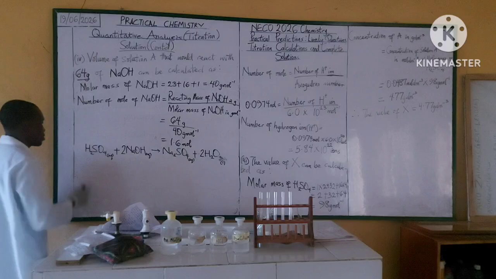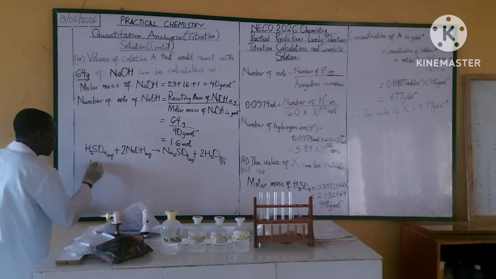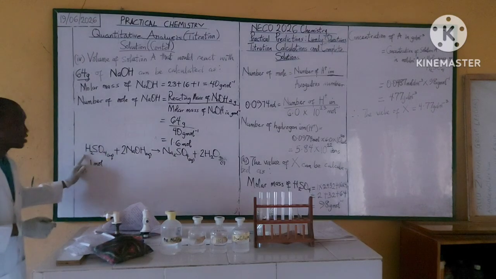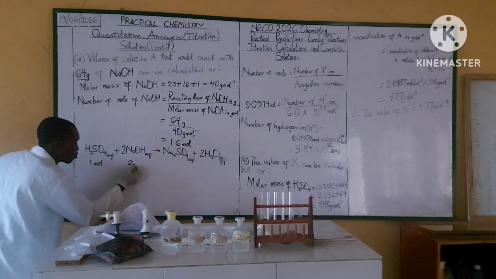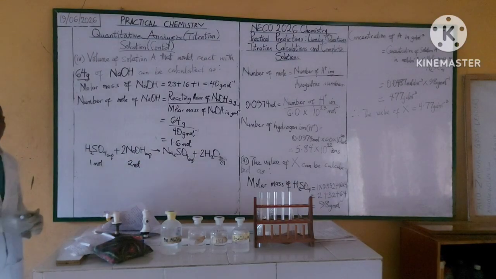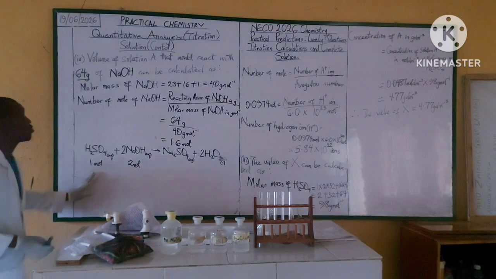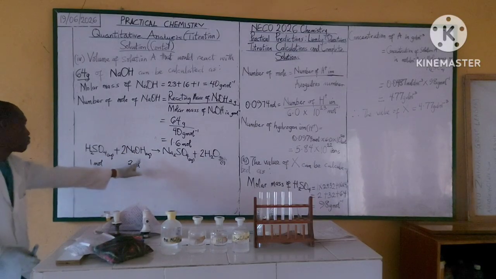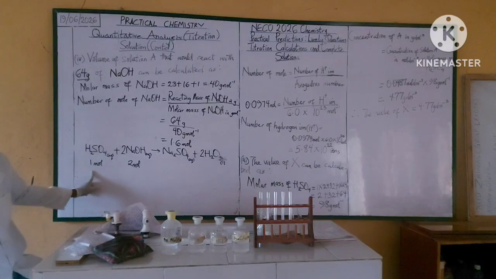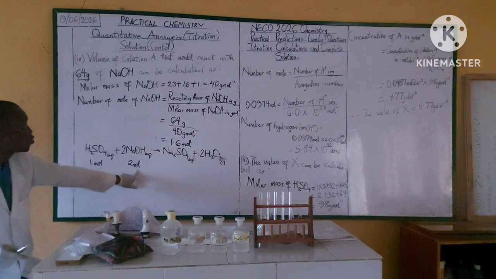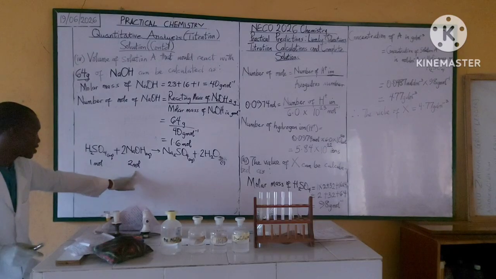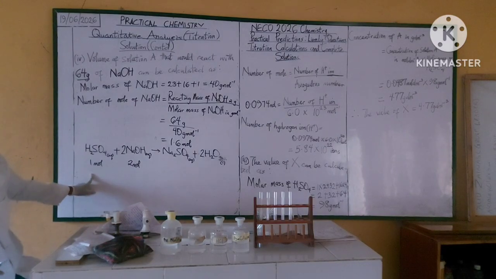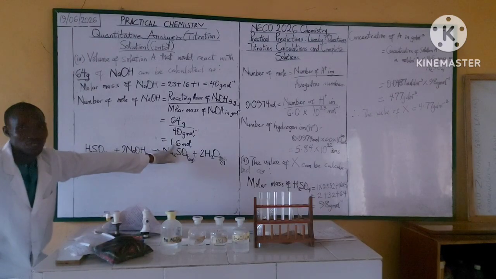Now, this is 1 mole of sulfuric acid reacting with 2 mole of sodium hydroxide. Therefore, 1.6 mole of sodium hydroxide will now react with how many mole of H2SO4? This is very important.